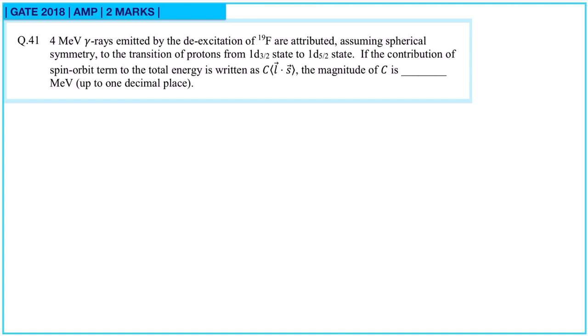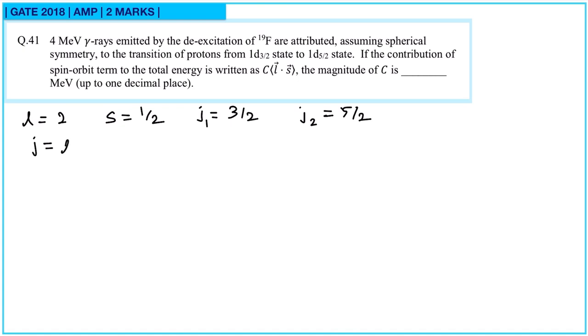Now for this we have L is equal to 2 because it is d orbital, and S will be half. And for the first case, J is equal to 3 by 2. So let us write J1 is 3 by 2 and J2 is 5 by 2. This is given to us.